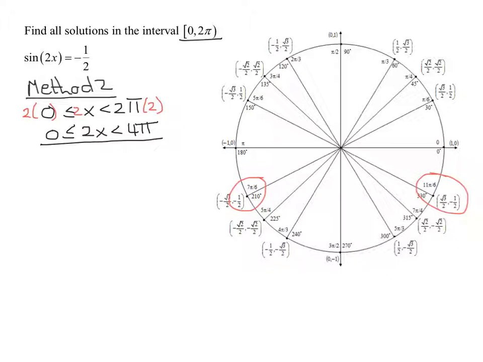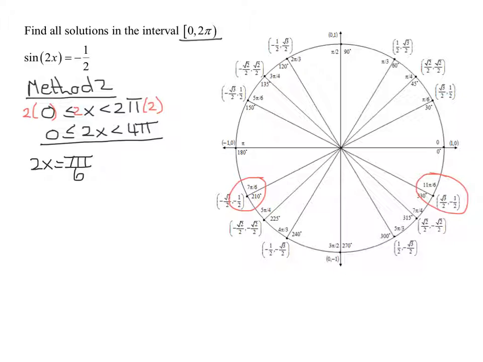So now what I do is I look on the unit circle to find all points on the unit circle whose y value is -1/2, and we already did that when we used method 1. So using the first solution, I get 2x is 7 pi over 6.